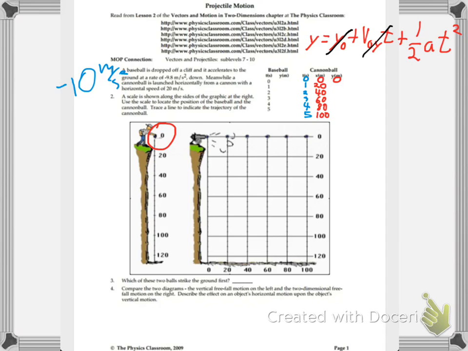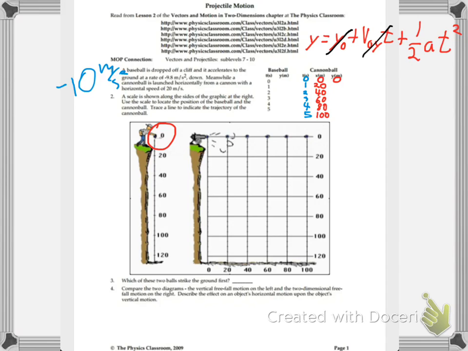So now the position of this cannonball in y is solely dependent on the acceleration times the square of the time divided by 2. A is our gravity, so that's negative 10 meters per second squared. T will be our time. After 1 second, we will have 1/2 times negative 10 meters per second squared times 1 second squared.